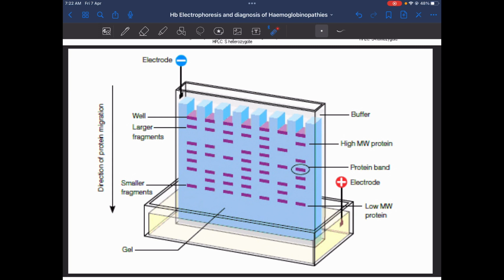As you can see, the top is a negative electrode and the bottom is a positive electrode, so the negative things will run down faster because they're attracted to the positive electrode. The smaller segments are going to travel faster than the larger segments, just because they're lighter and can travel more easily. This is how you can separate the different hemoglobins present in a patient's sample.